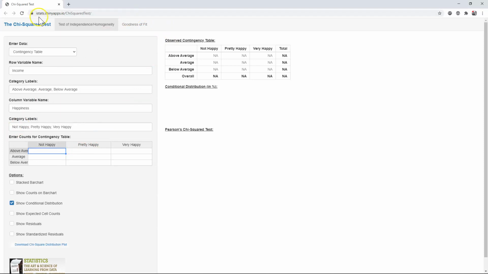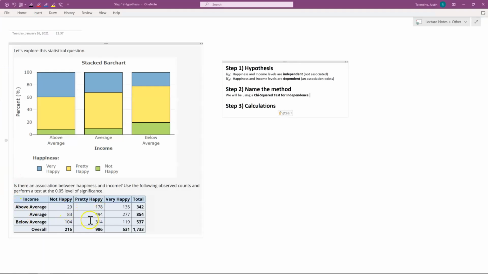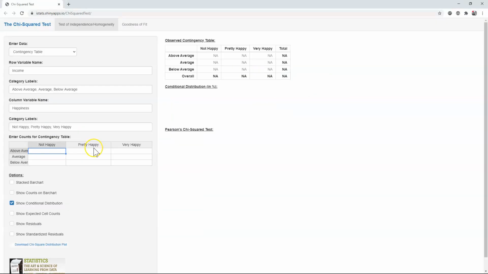Taking the counts from the table that we were looking at, we'll just type them in, and we're going to ignore the totals because it'll figure out all the totals for us. Typing these in, I see that this is going to be 29, 178, 135. I have 83, 494, and 277. Then finally 104, 314, and 119.